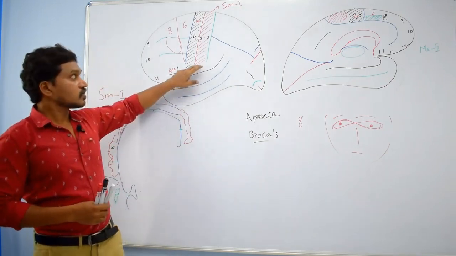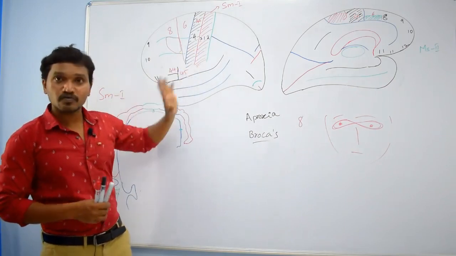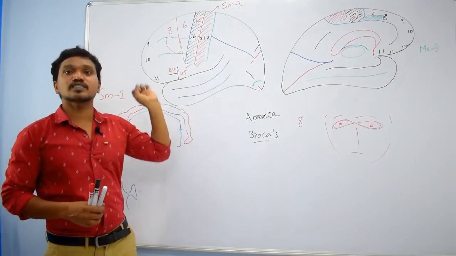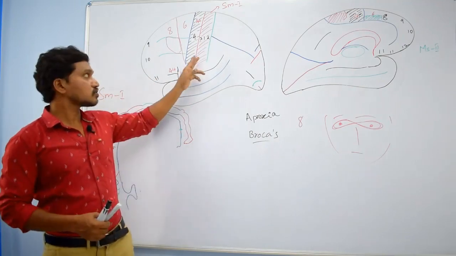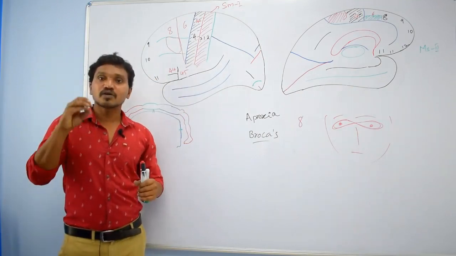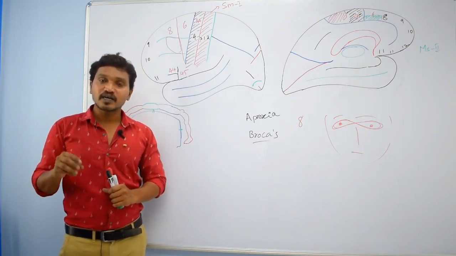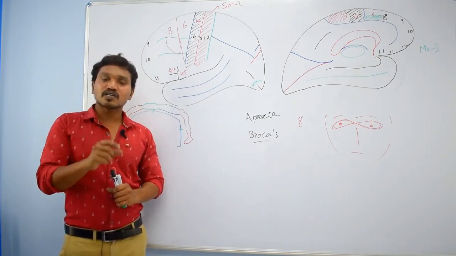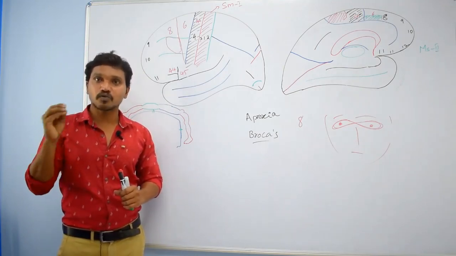Then if there is injury in this region, now we know the function, it receives the cutaneous and kinesthetic sensations, but if there is injury to this region, what will happen? Loss of cutaneous and kinesthetic sensations. Mainly there will be loss of tactile discrimination, tactile localization, joint sense and position sense.